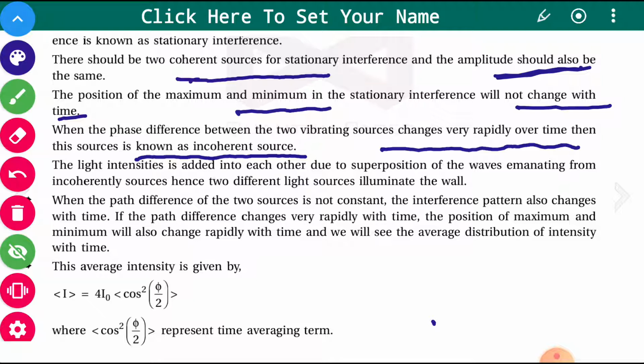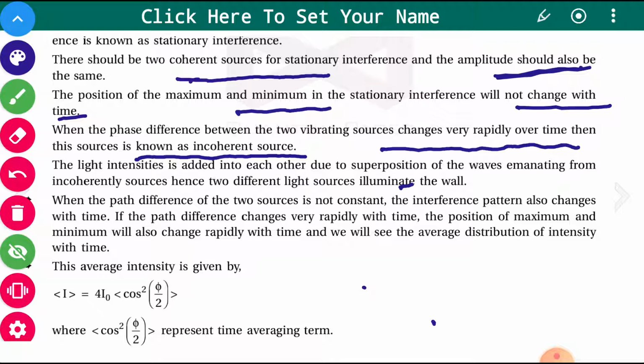Try to understand, two bulbs are there in the room, okay, and if these two bulbs are on, then they are considered to be incoherent sources, and the resultant intensity is just the sum of their intensities, or we can say we do not have the interference produced by these two bulbs which are on in the room.